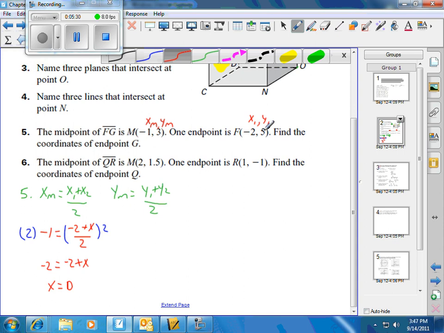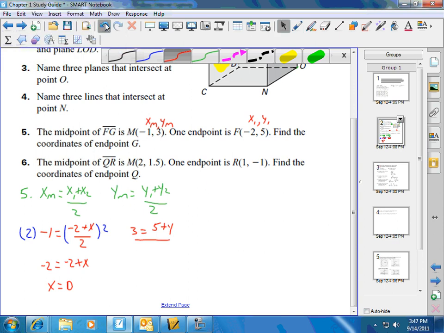Now we're going to do the same thing for y. We'll plug in our values. We've got the y-coordinate of the midpoint, which is 3, and we have a y-coordinate of one of the endpoints, which is 5. Again, we need to get y by itself, so I'm going to multiply this whole thing by 2, and what I do to one side, I have to do to the other.